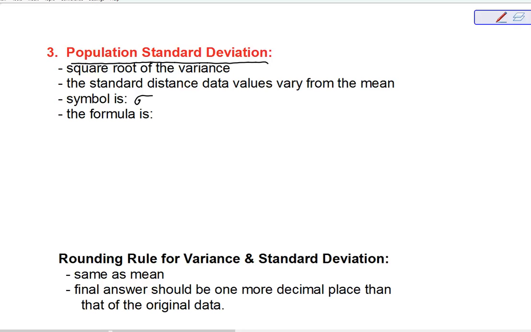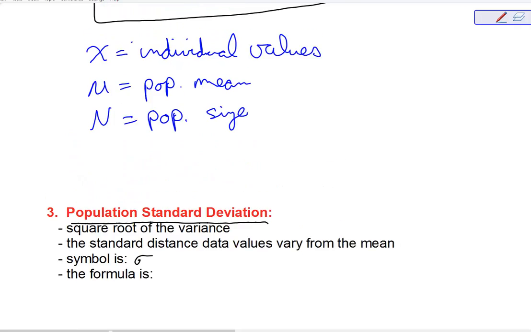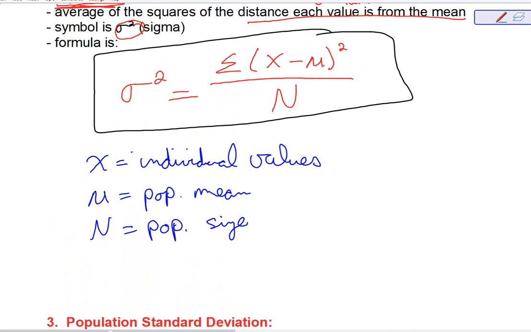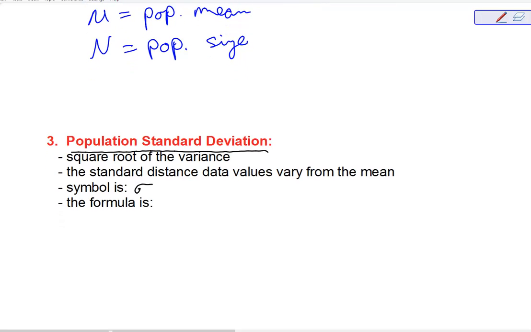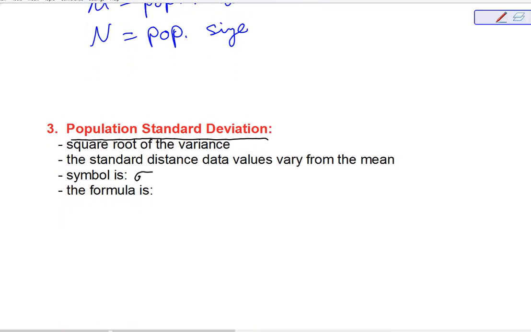So if on the previous we used sigma squared for population variance, for standard deviation, since it's the square root of the variance, we're just going to use sigma.